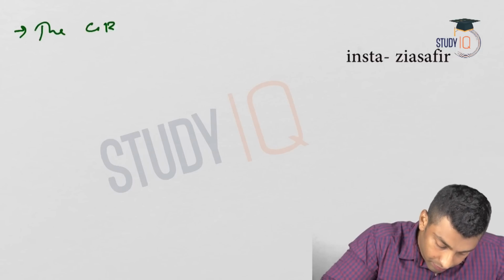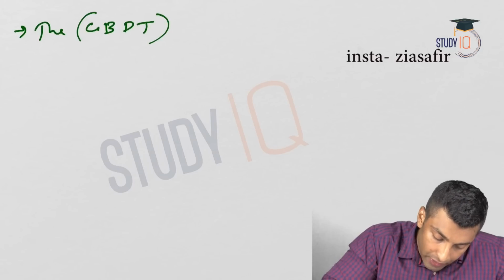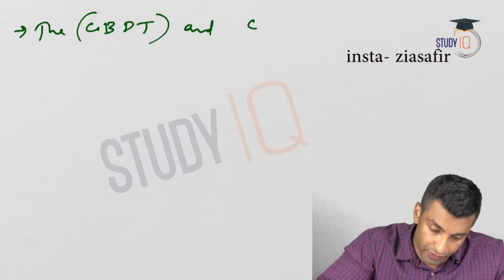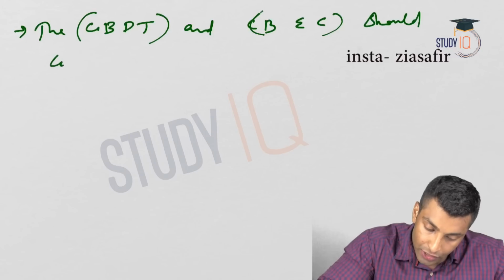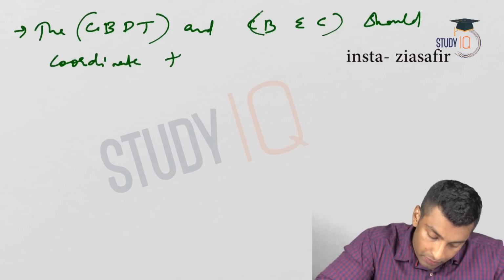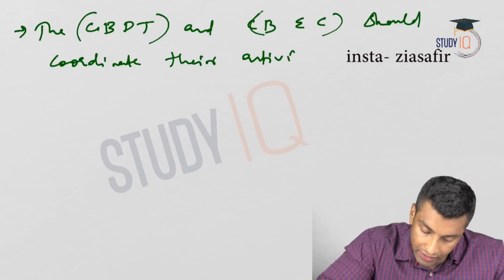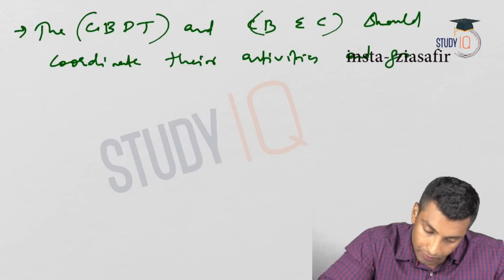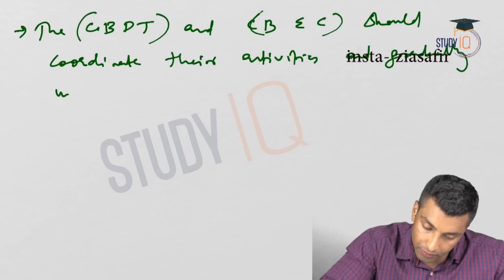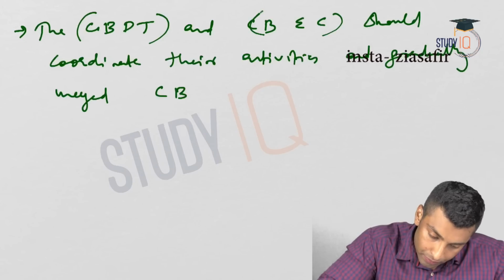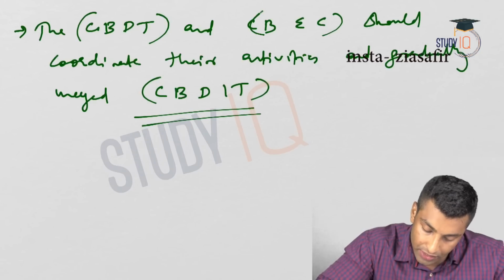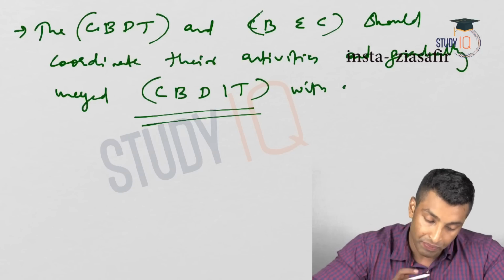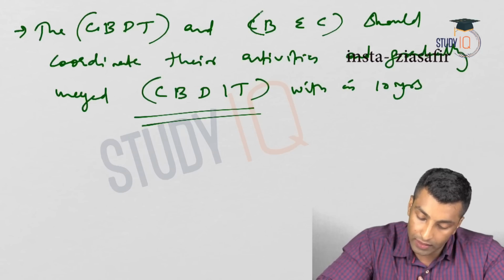The Central Board of Direct Taxes, I'm just writing CBDT, and the Central Board of Excise and Customs should coordinate their activities and gradually merge into the Central Board of Direct and Indirect Taxes within 10 years.